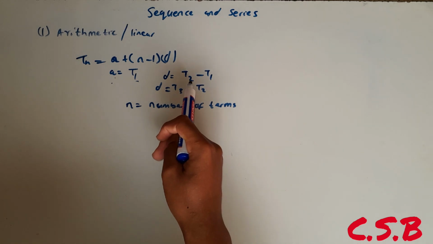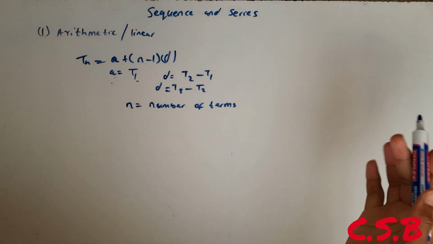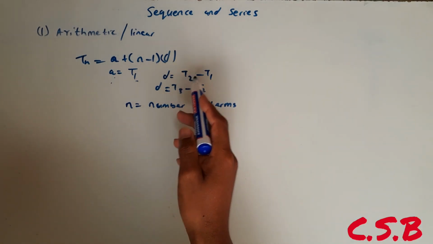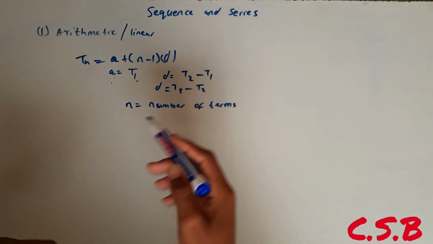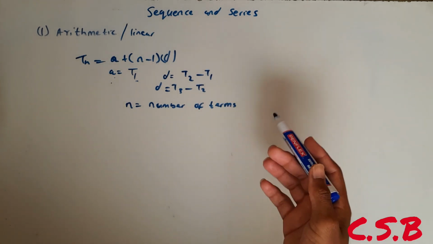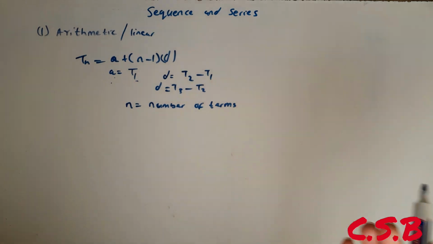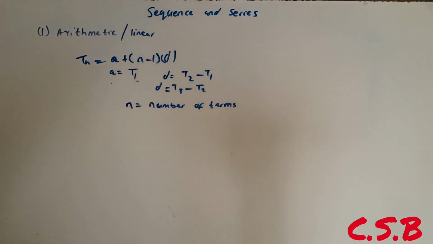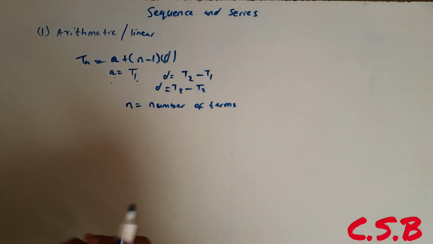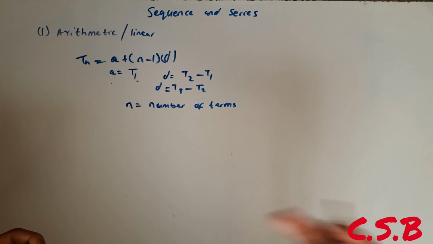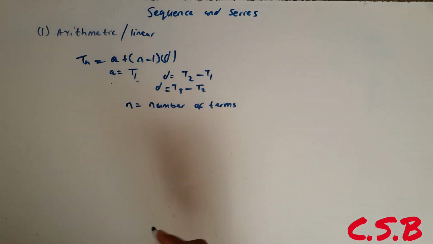To find the difference, you can say T2 minus T1, or you could say T3 minus T2. You still get the difference. Difference is a result of subtraction. So n represents the number of terms in a sequence. How many numbers are in the sequence?